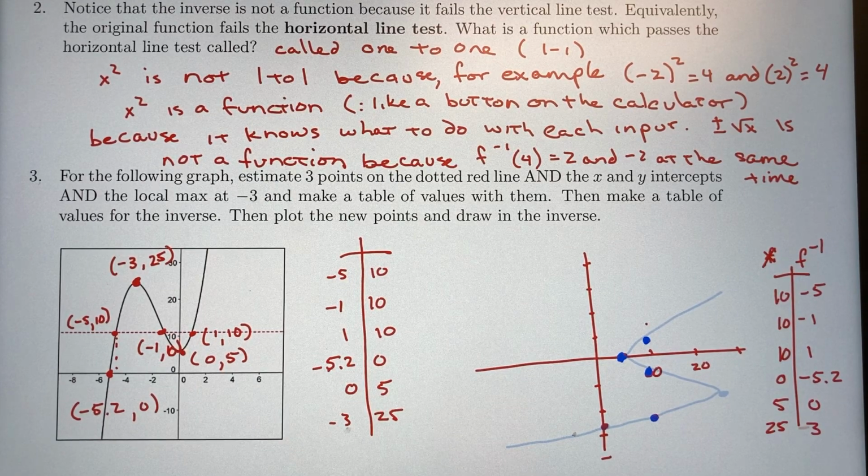Good thing we organized our x coordinates here in multiples of 10. So -20, okay, 3 is about here. And we had that x-intercept. Sorry, 25, -3. Just screwed that up.